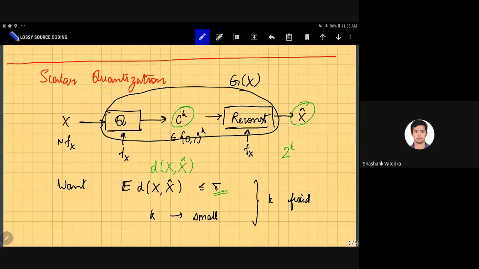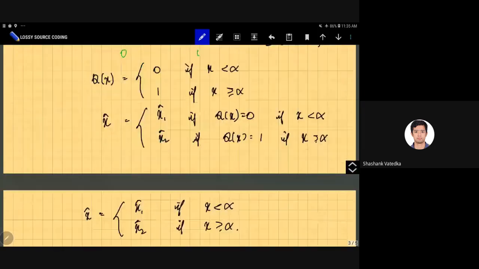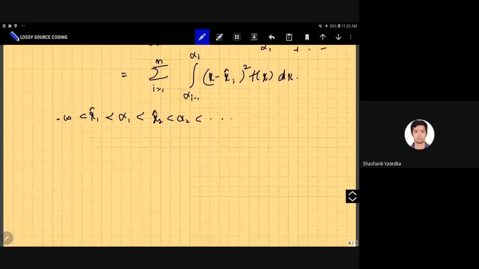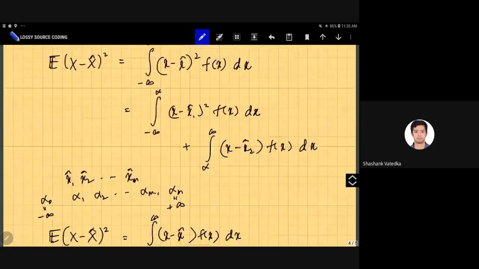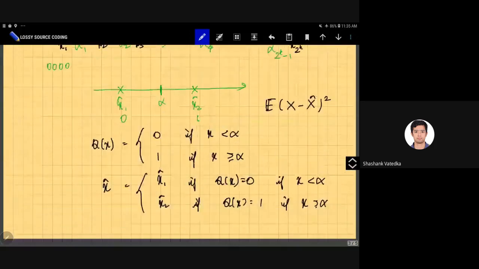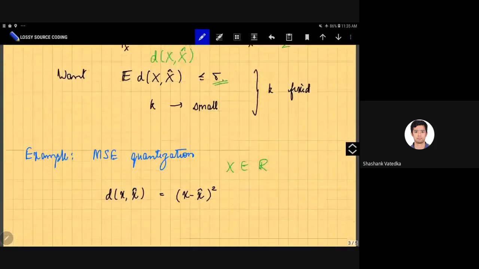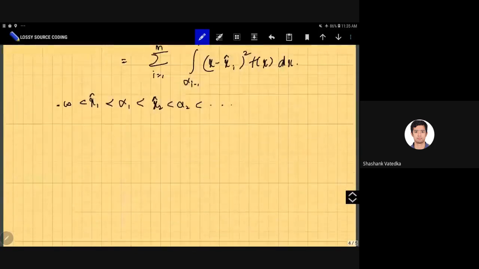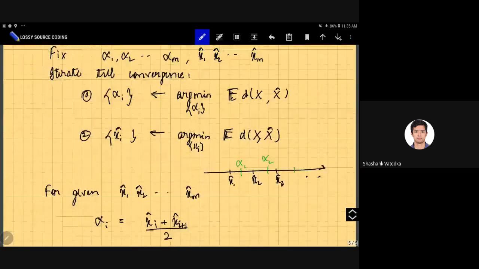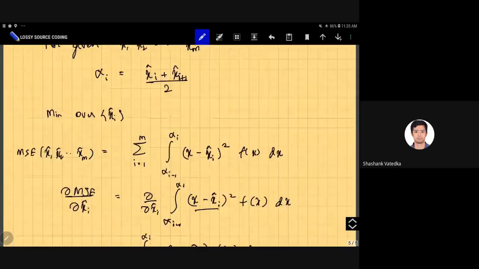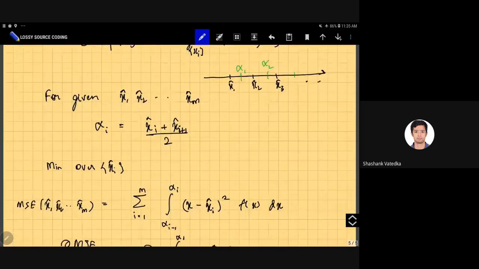So in each loop, you first minimize over alpha, and then you minimize over x hat. So when you minimize over x hat, the alphas may not be the midpoint of the xi hats anymore.